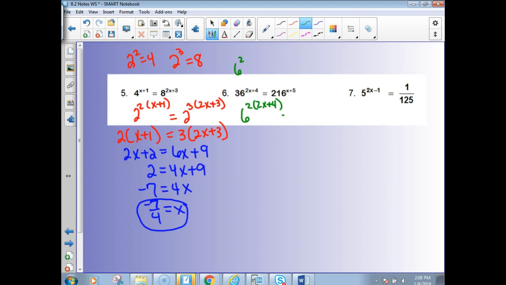And then that chart actually has 216 on it. I don't know if I went up to 6 though on the chart, did I? I might have. Yeah, we did. What power of 6 is 216? Oops. It's 6 to the third, isn't it? Okay, so that's why we're trading 216 with a 6 to the third.